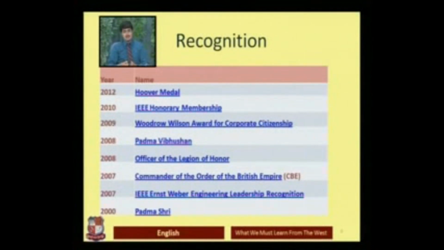In 2007 he received Commander of the Order of the British Empire, of course from the British government, and he has also received Indian honors like Padma Vibhushan and Padma Shri, apart from engineering honors like the 2007 IEEE Ernest Weber Engineering Leadership Recognition. So his awards are global, and so is his reputation.